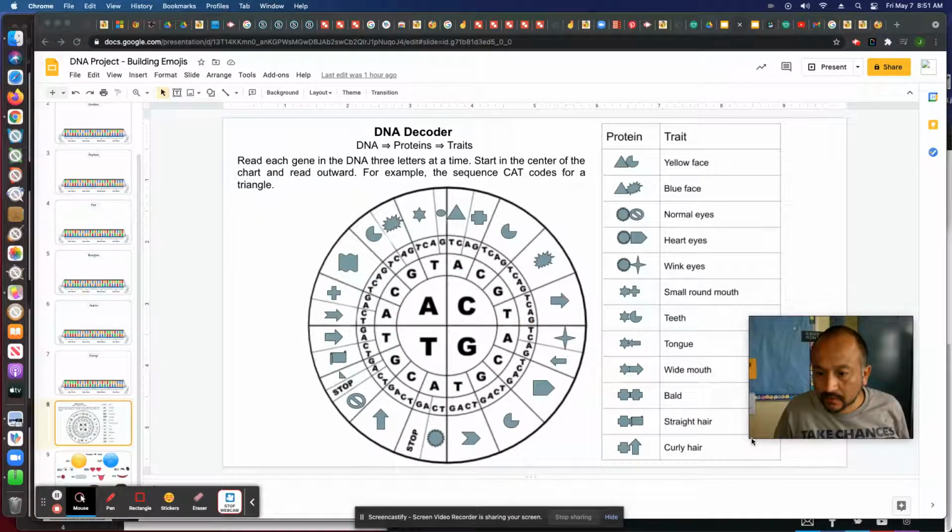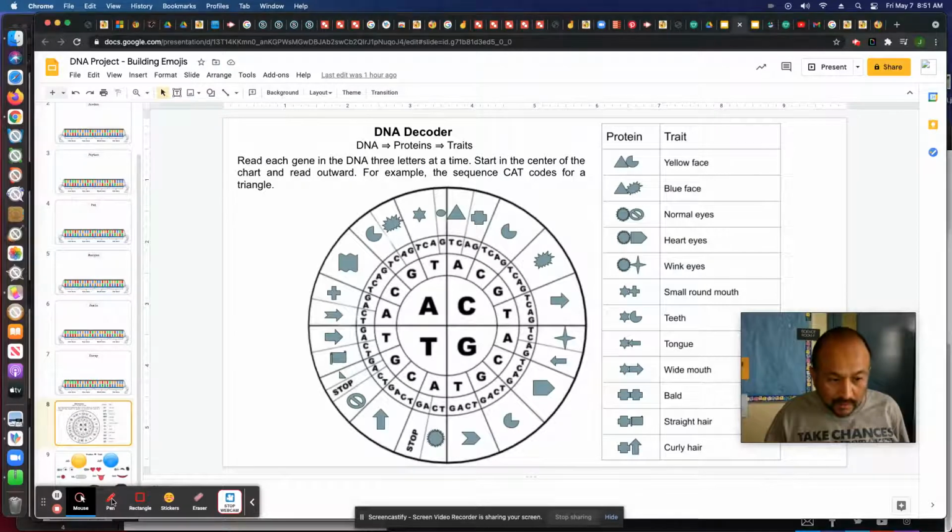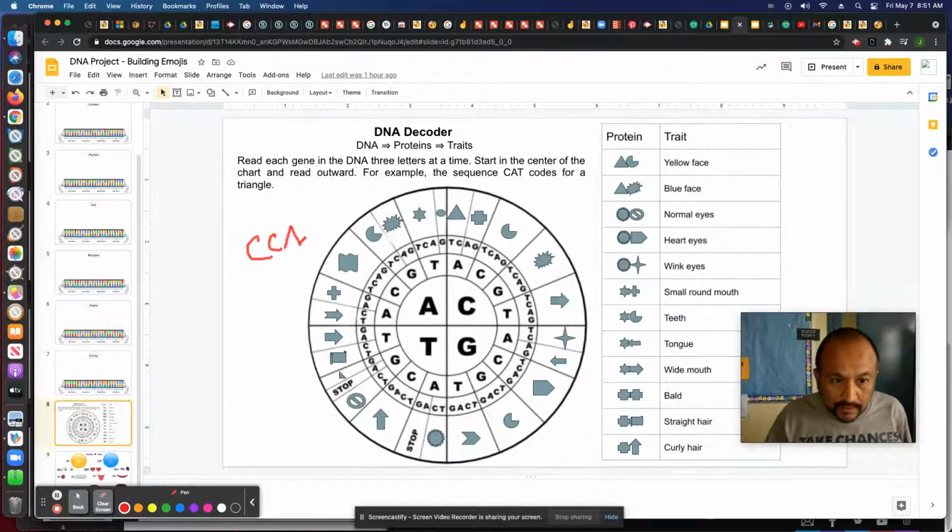Okay, so this is the second part of the video. Mr. Lopez's computer crashed, so we're going to start where we left off. We were looking for Jordan's DNA sequence code for the color gene, which is C-C-A.